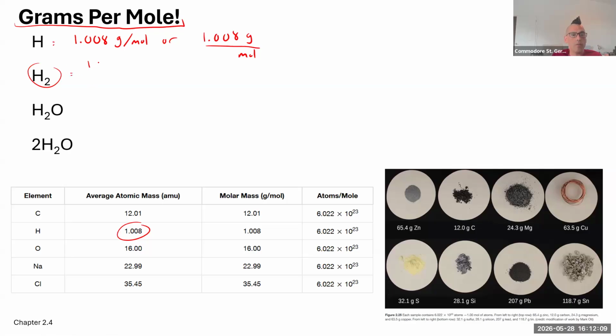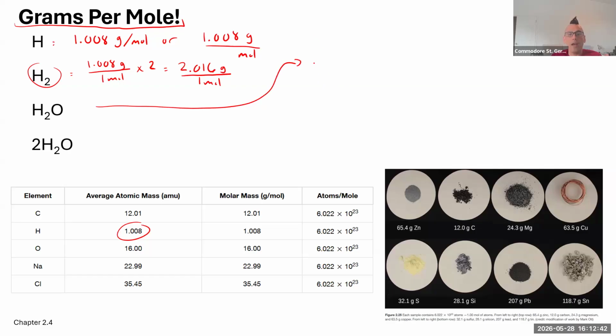So if I have 1.008 grams per 1 mole times 2, that's going to be 2.016 grams per 1 mole.